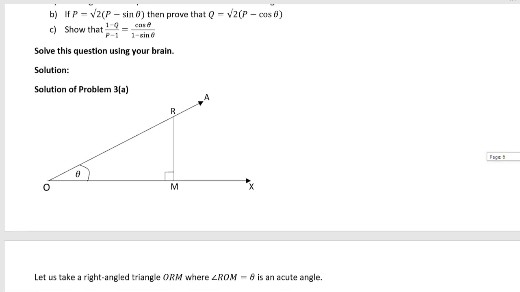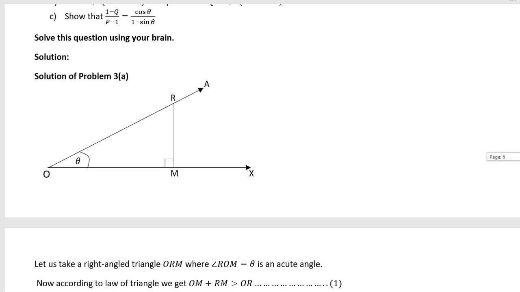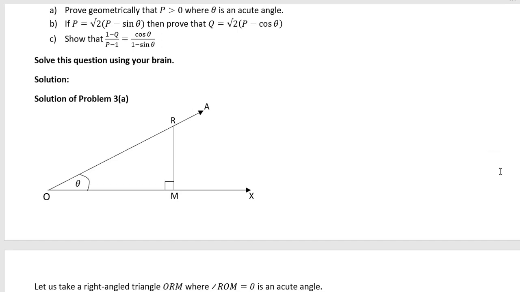Now, first what to do, where to start? We know that trigonometry is always involved with a right angle triangle. So we have drawn a right angle triangle here, that is ROM.